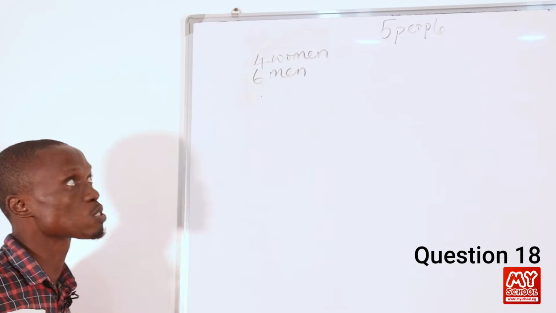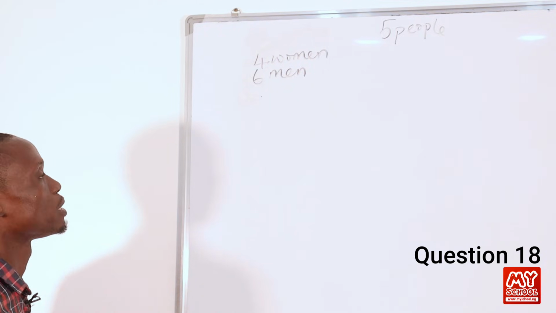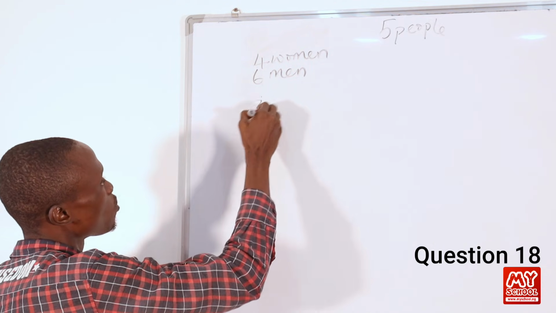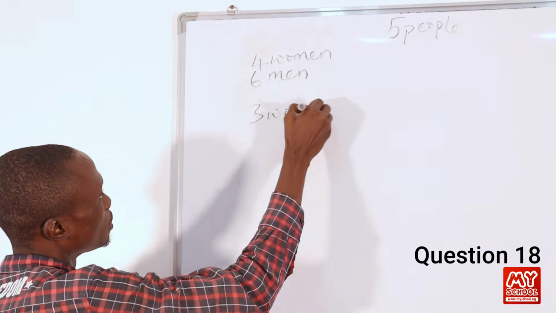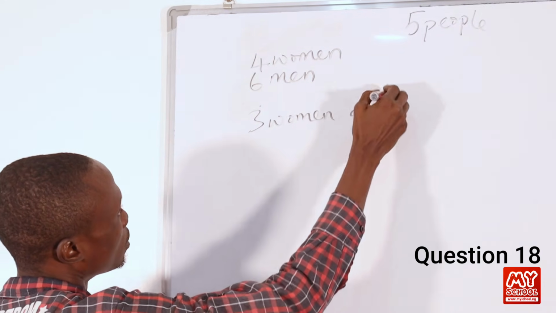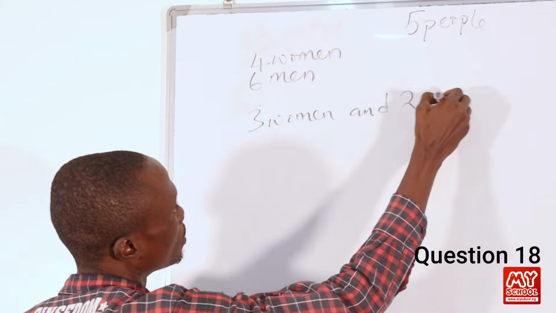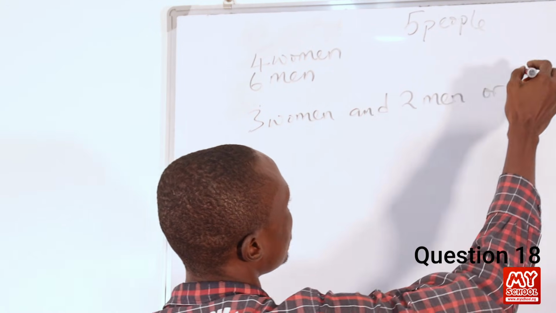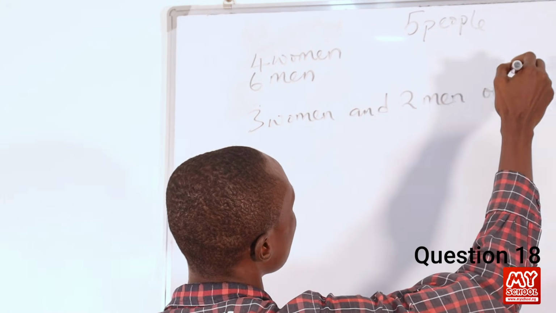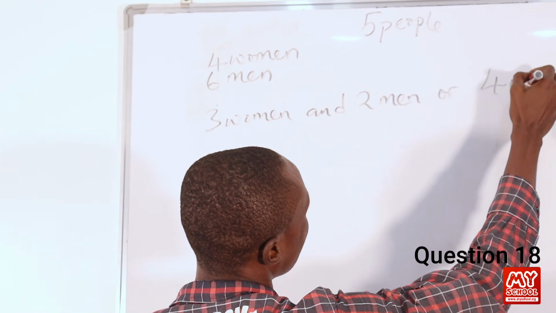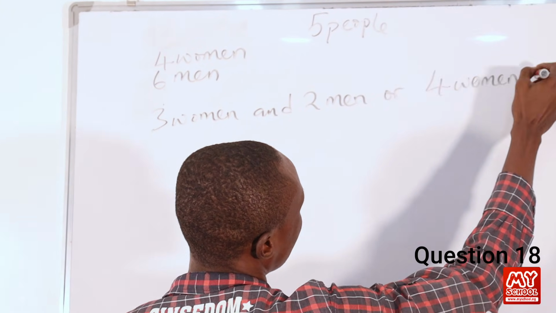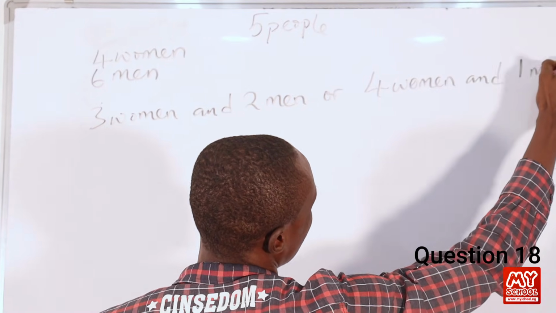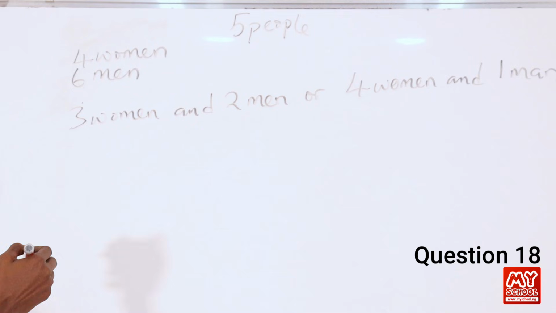Since we want the majority to be women, we can either take 3 women and 2 men, or we can choose 4 women and 1 man.